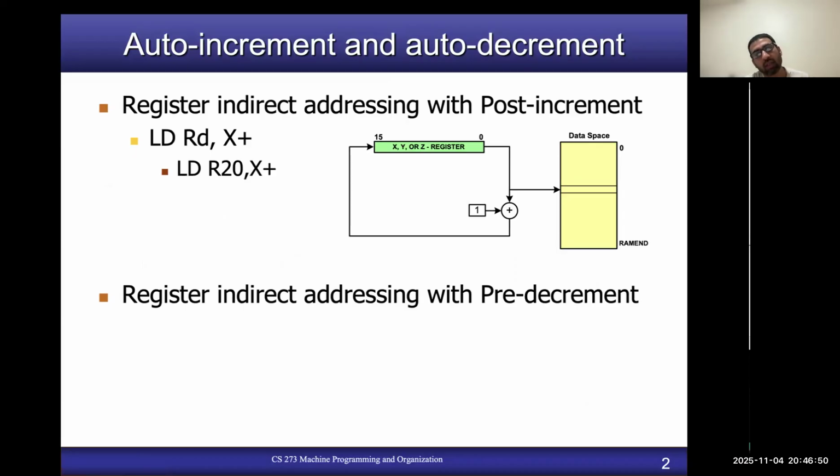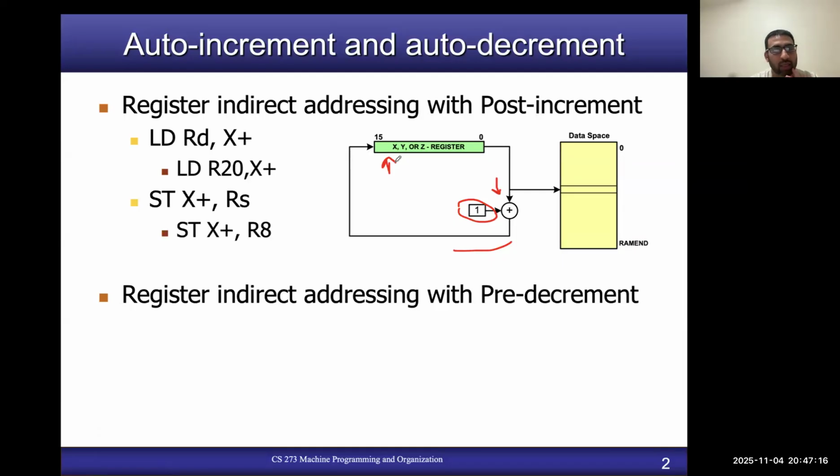But after reading or writing that location, one is added to the current value of X, and the result is written back into the same register. I'm just saying X, but it can be any one of the three: X register, Y register, or Z register, right? Any of the three pointer registers.